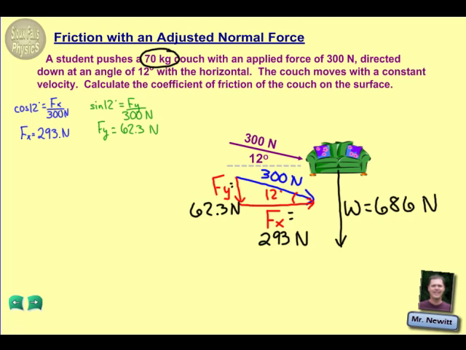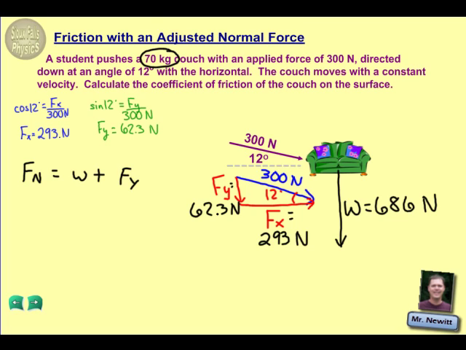Okay, so to find the normal force, we have to consider two factors: the weight of the couch and the amount of force that is being pushed in the downward direction as a result of the student. So, our normal force now is going to equal the weight plus our F sub y.